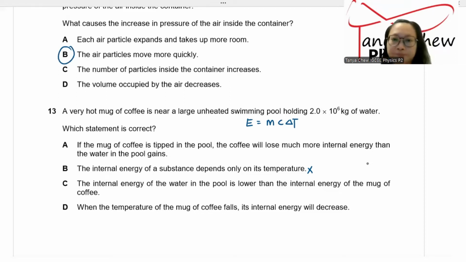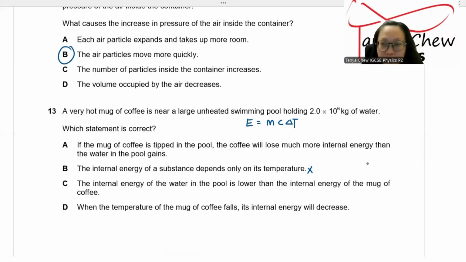Even though the coffee is at a higher temperature, maybe the change of temperature in the coffee is higher because the temperature would decrease when the mug of coffee falls into the swimming pool.